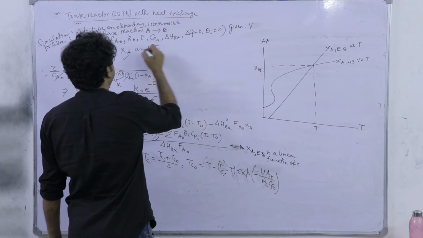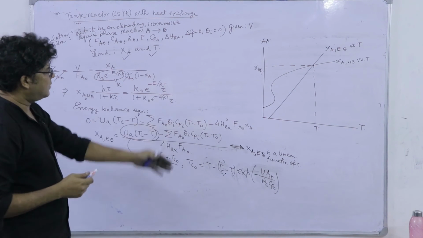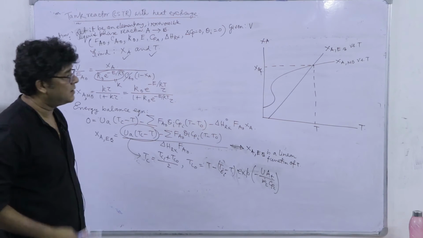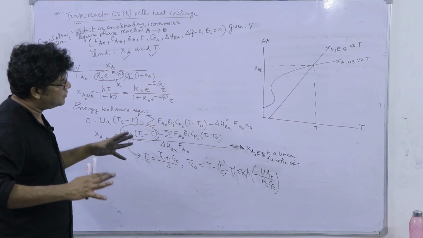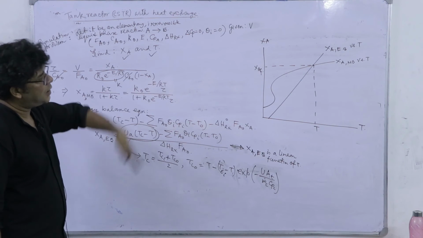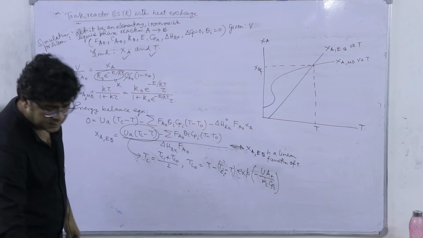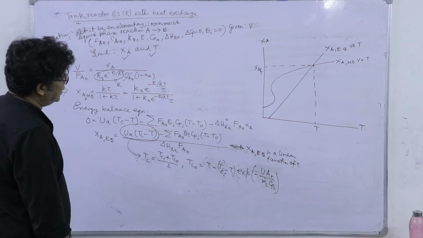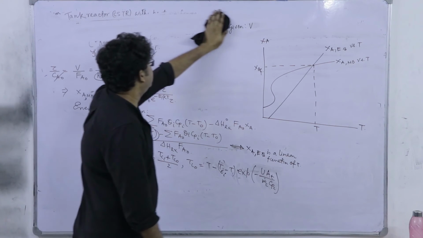So, we solve our problem of simulation, and this can be simultaneously algebraically solved as well, but this is a simple graphical representation, and we can see that this is the actual scenario there, that we can solve this by graph. If we plot the graph, we can get this Xa F and T simultaneously, right. So, that is about the tank reactor with heat exchange, that is a CSTR with heat exchange.